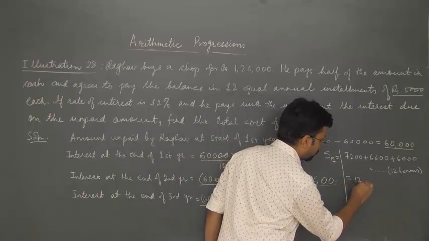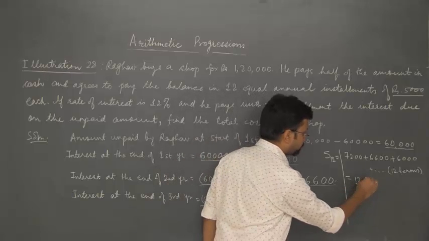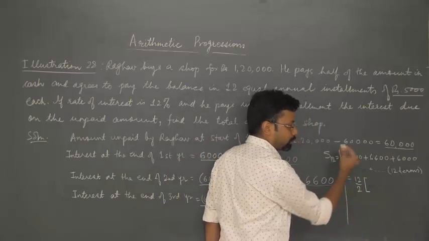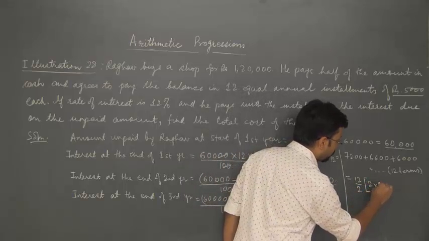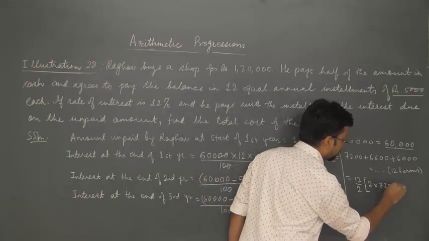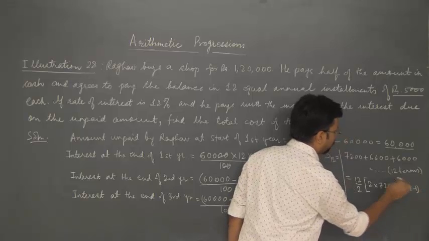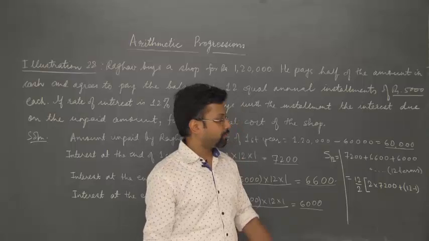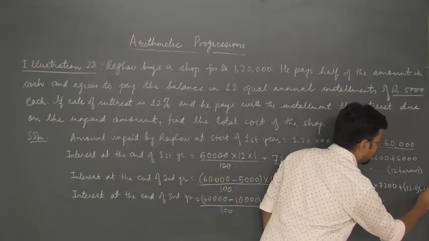The number of terms is 12, so we'll be using n by 2 as 12 by 2. We don't know the last term, so we'll be using the other formula. So it's 2a plus n minus 1 d, and what is the common difference? Common difference is minus 600.